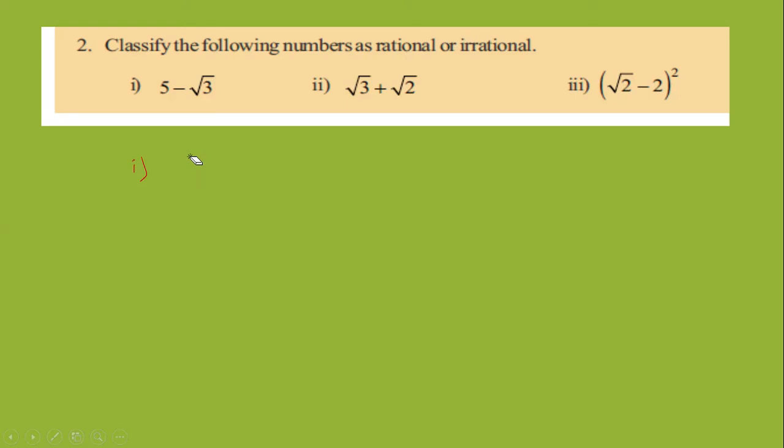Already you know it. 5 is a rational number, root 3 is an irrational number. Here Q means rational, S means irrational.